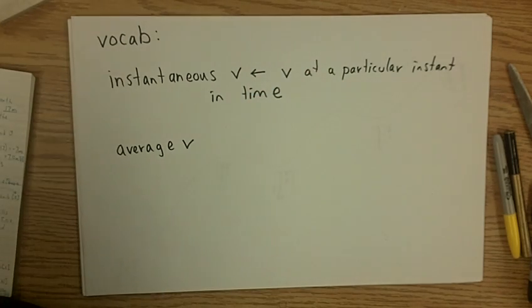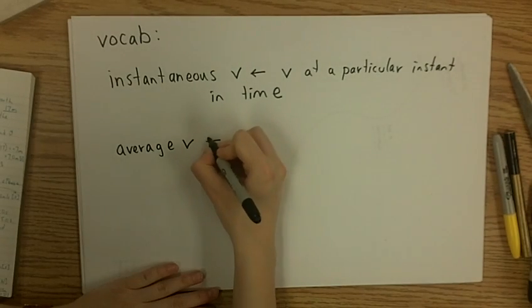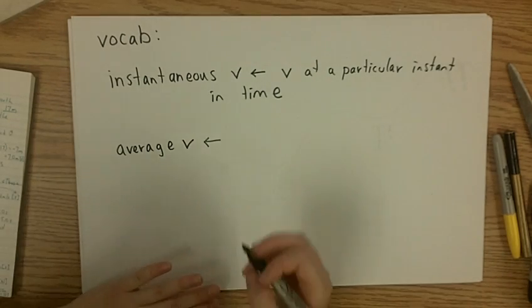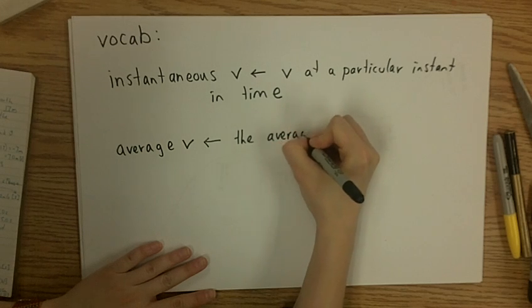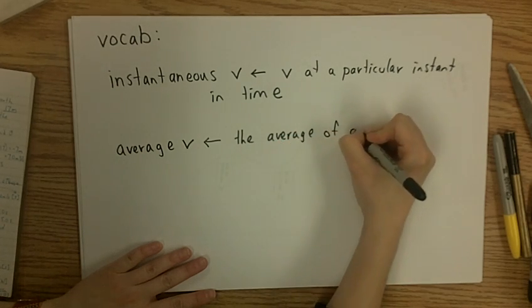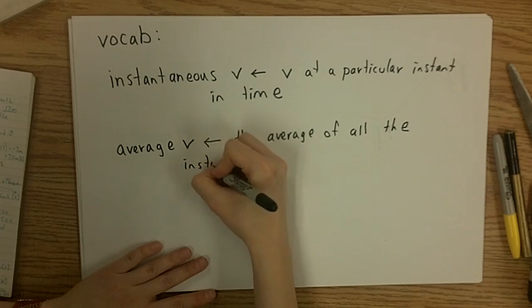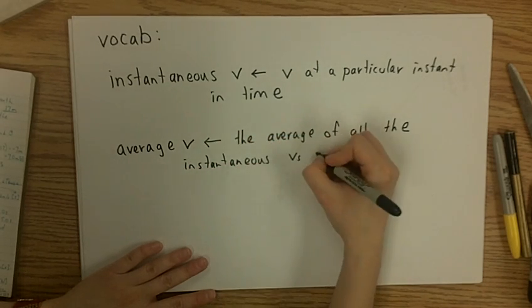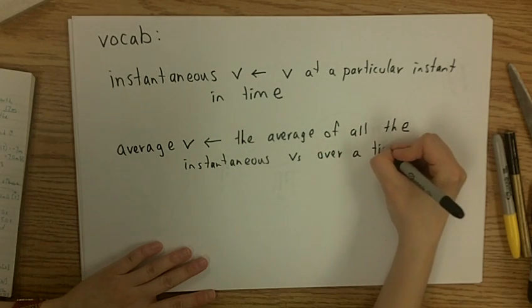Because the instantaneous speed is very difficult to calculate, what we actually calculate most of the time in our questions is the average v. The average v is the average of all the instantaneous v's over a time range.